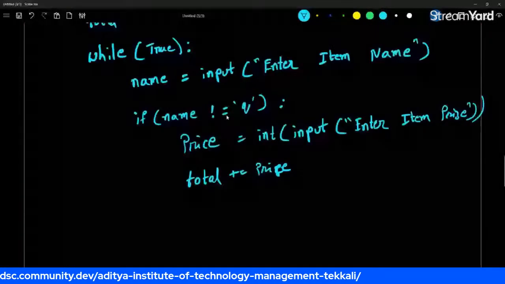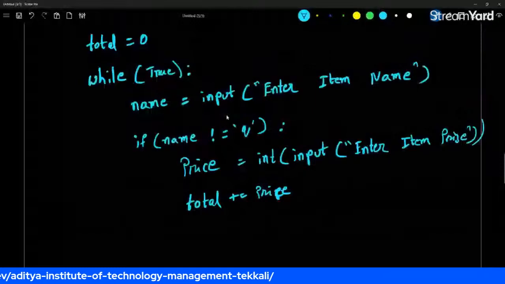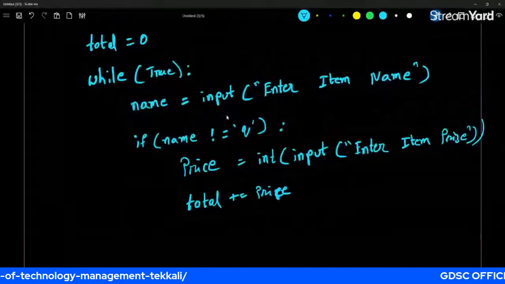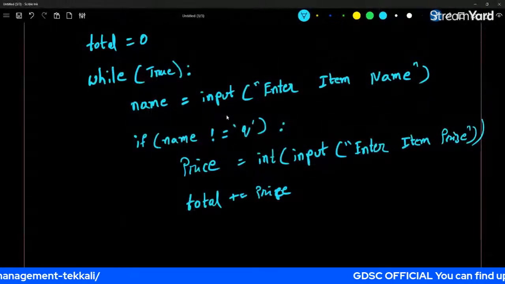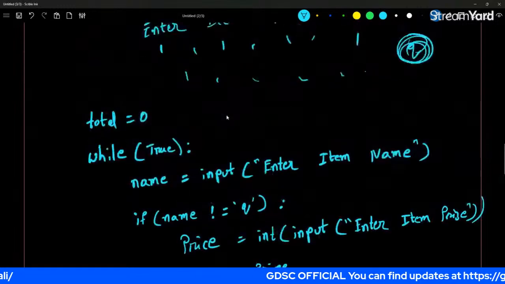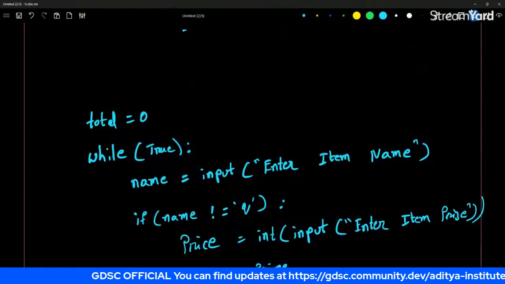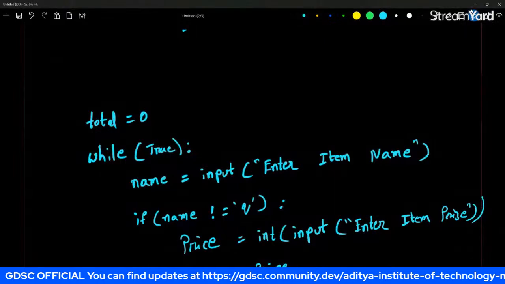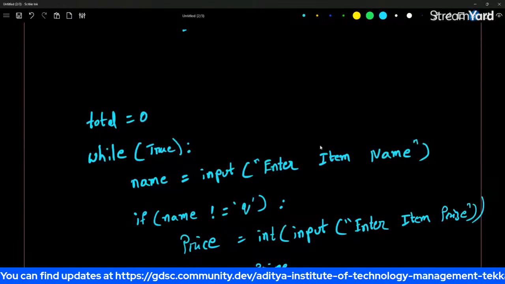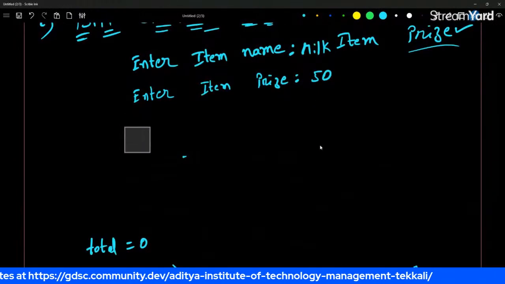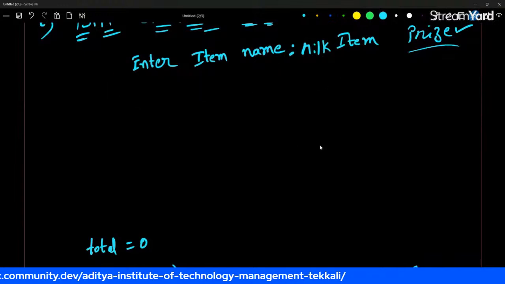So here there is an interesting concept called pretty table. This pretty table is used to make a table. So I will show you guys how it will work. First I will tell the program, then I will tell how it's going to work.